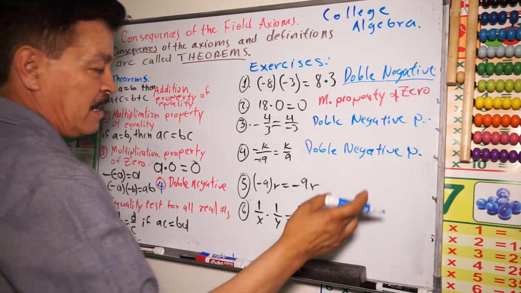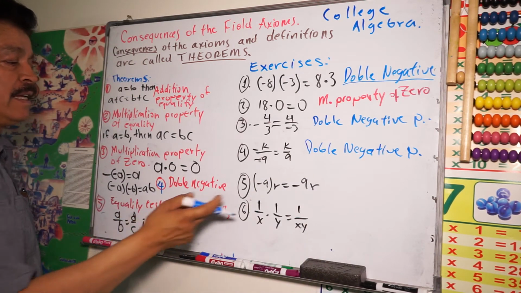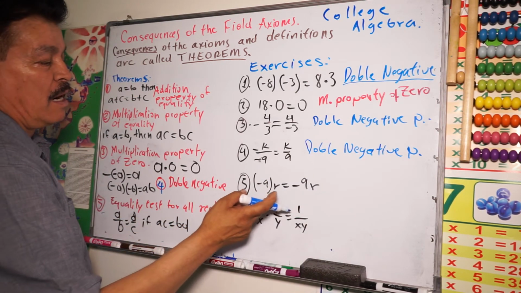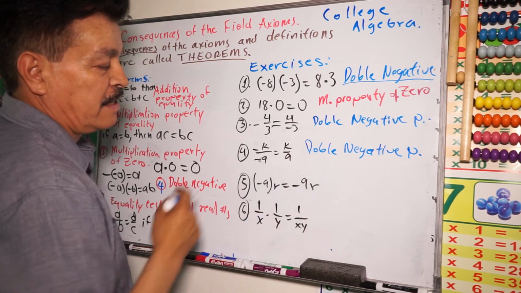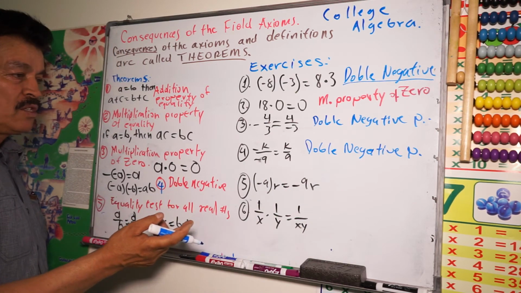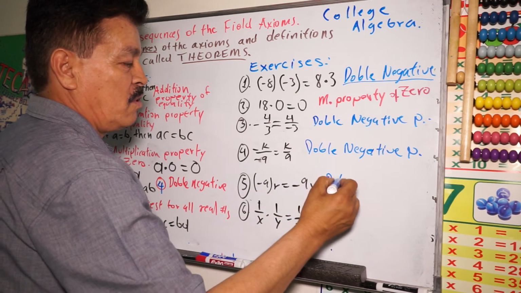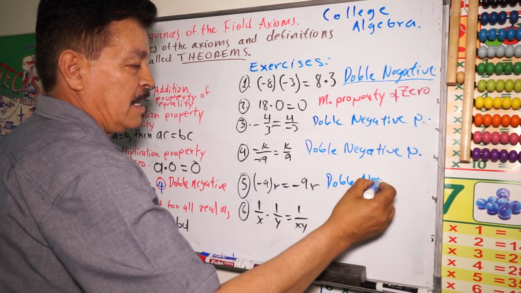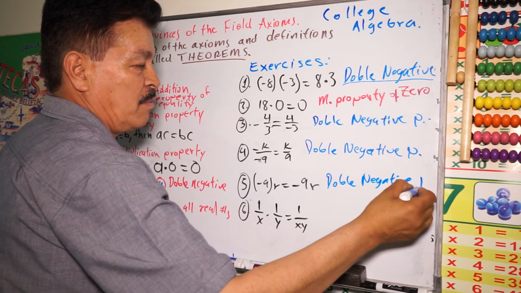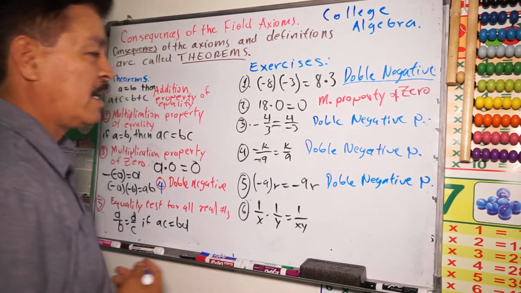Number 5: negative 9 times r equals 9 times r. It's the same thing, the same property, the double negative property.